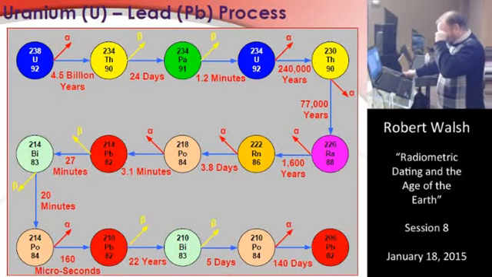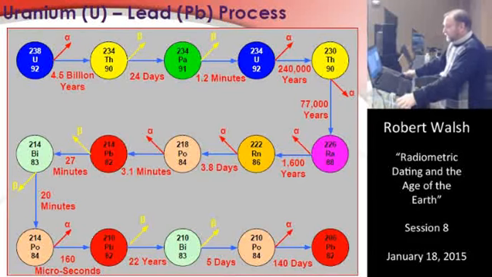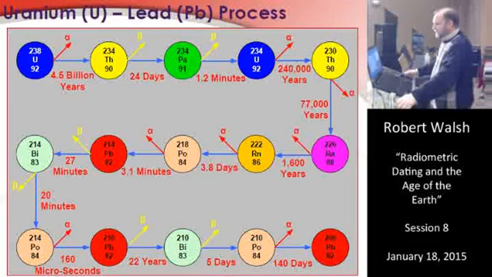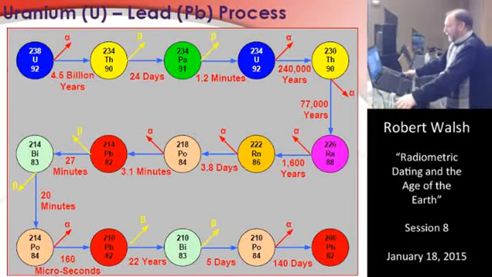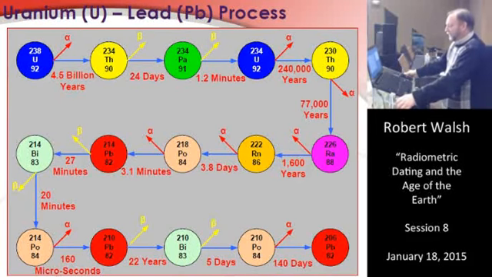And then you can see this complex sequence, and you can see that it only takes 27 minutes to decay through beta decay to give off an electron from lead-214 to bismuth-214, right?